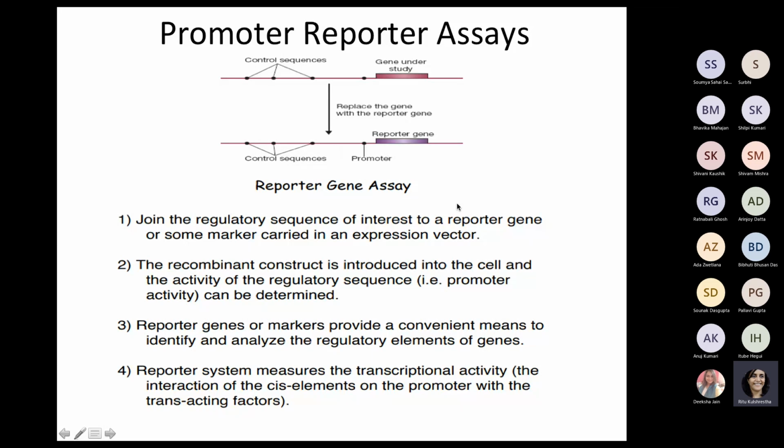And the second thing is that if I do not see an increase in GFP expression in response to heat treatment, then it means that the increase in BAG1 level that I was seeing in response to heat shock at the transcript level is not because of the promoter.